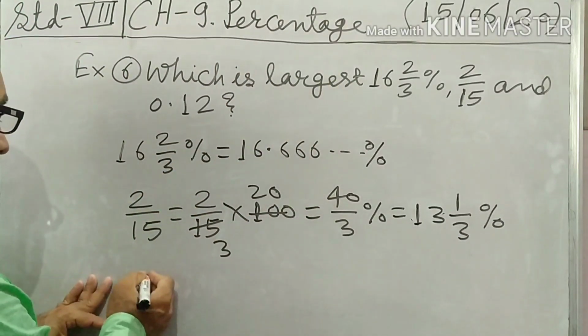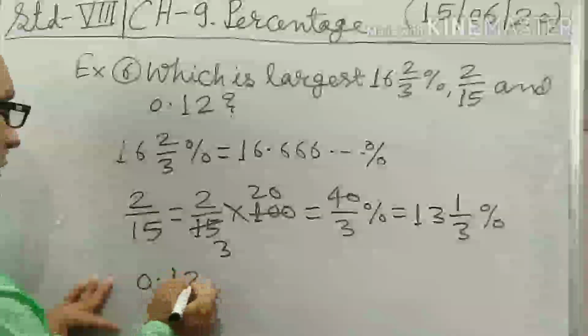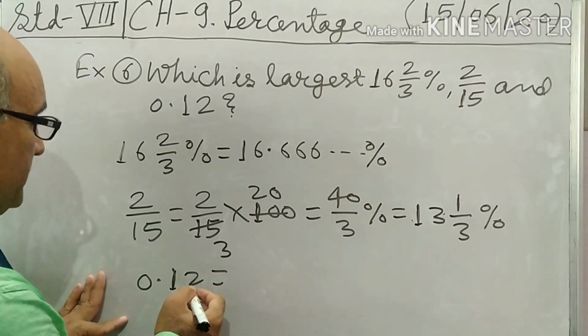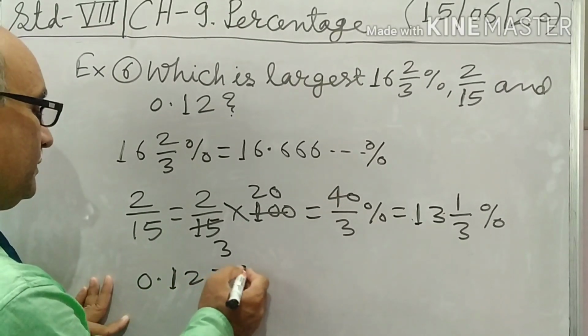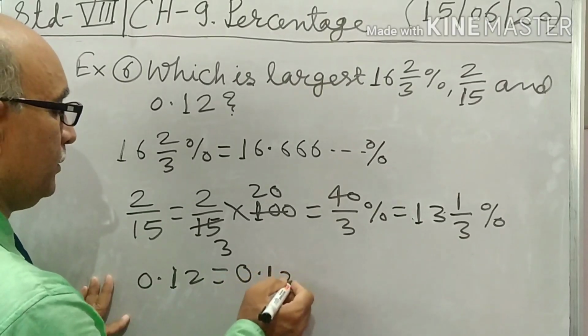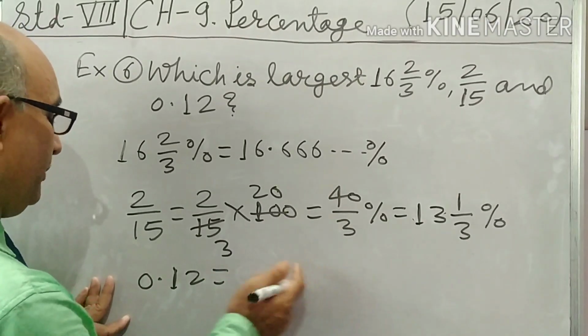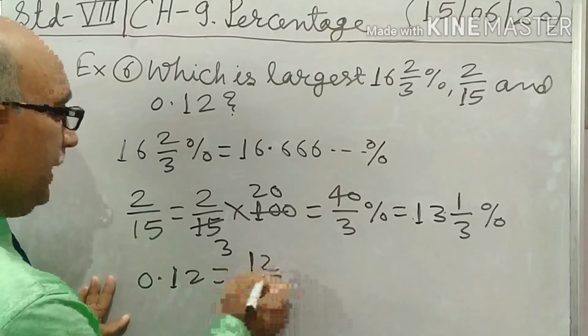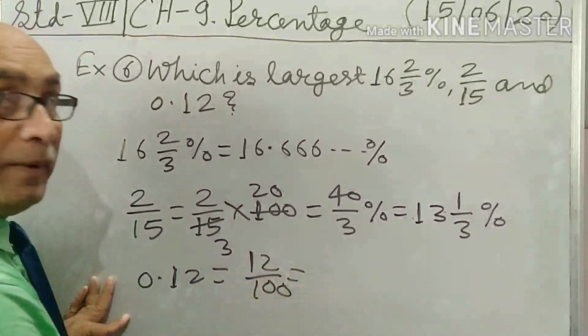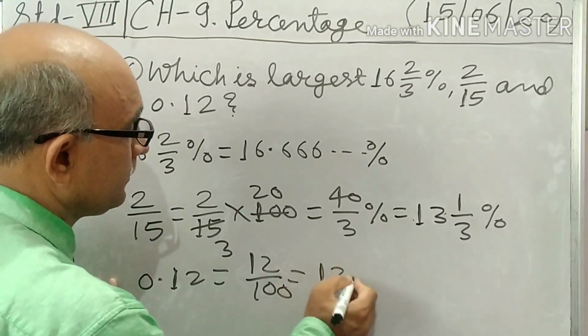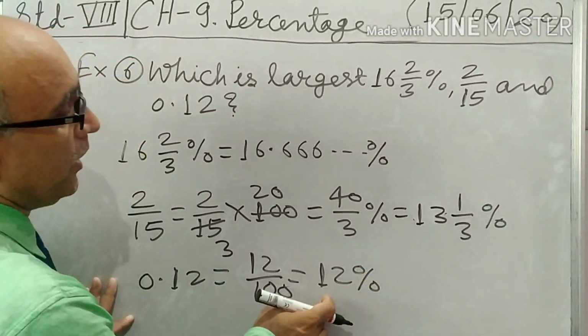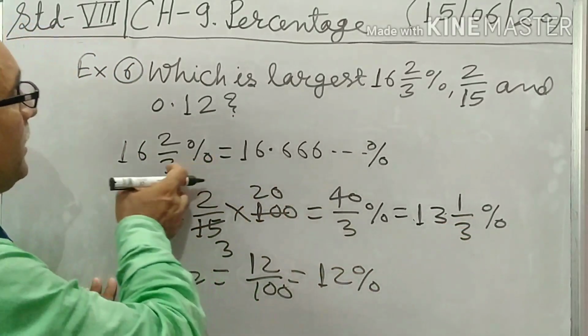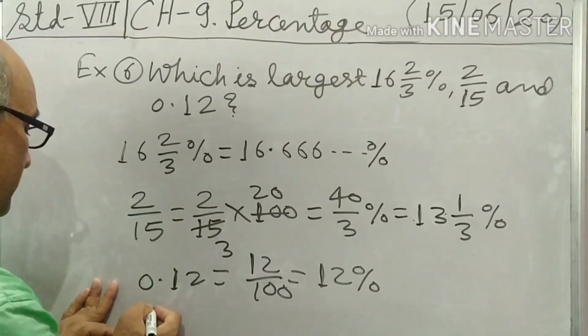And next, in decimal form, 0.12. It is also changed into percentage. 0.12 means 12 by 100, and 12 by 100 means 12%. So we have 12%, 13 whole 1 by 3%, and 16 whole 2 by 3%.